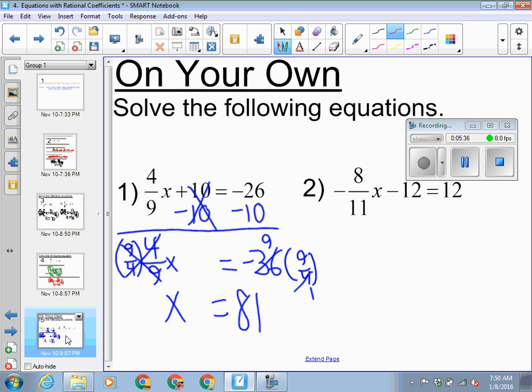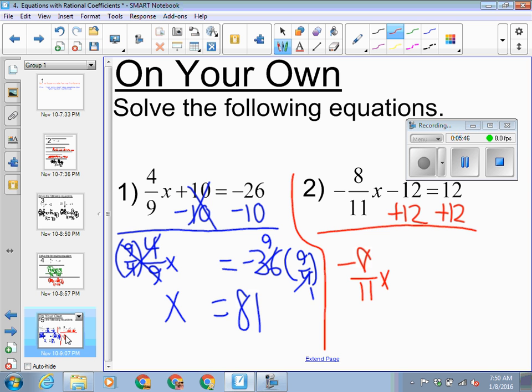Now over here, number 2, we're trying to get the negative 8/11 x by itself first. Do that by adding 12 to both sides. And 12 undoes that minus 12, so that goes away. 12 plus 12 is 24. And now to get x by itself, which is our goal, multiply both sides by negative 11/8.